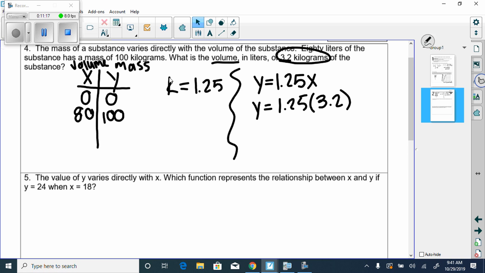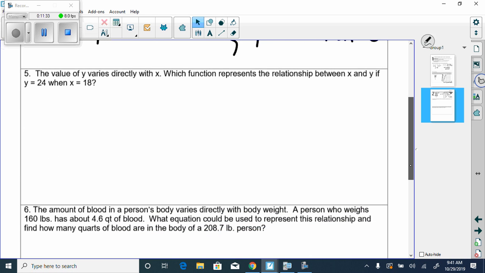Good. So I end up with y equals 4. So it said we were finding out how many liters. So we would have 4 liters, right? Good.